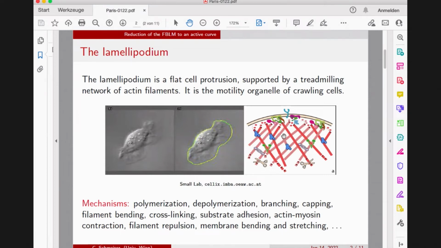In particular, the whole structure is surrounded by a cell membrane, and the bending and stretching of the membrane can also be important for what's going on. So the idea of this filament-based lamellipodium model was to have an account of all these things.